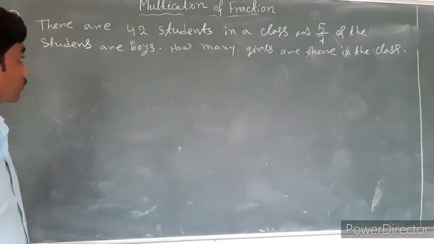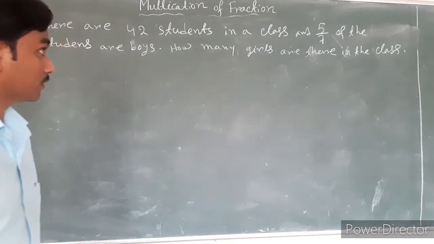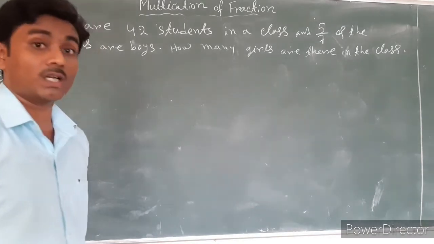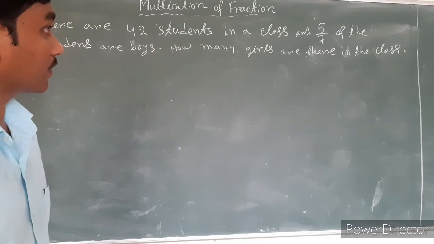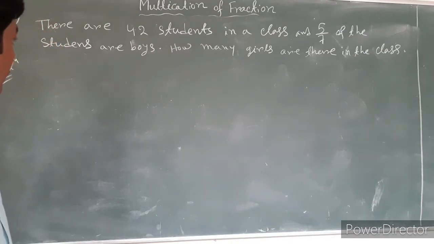There are 42 students in a class. So in a class, the total number of students is 42. And 5 upon 7 of the total students are boys. So how many girls are there in the class?